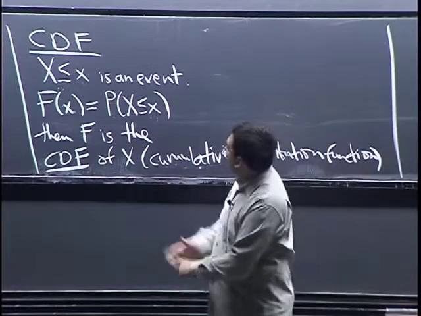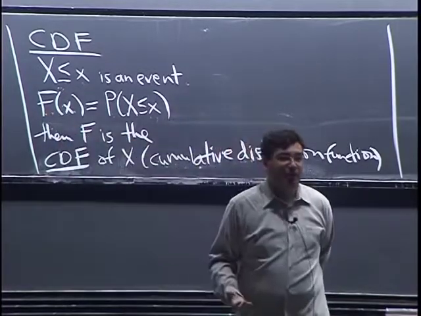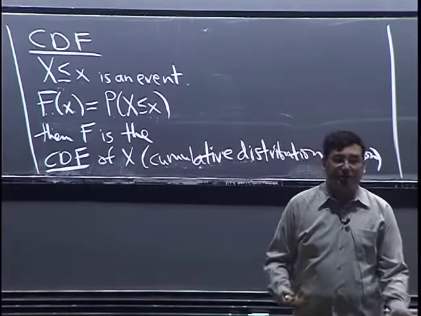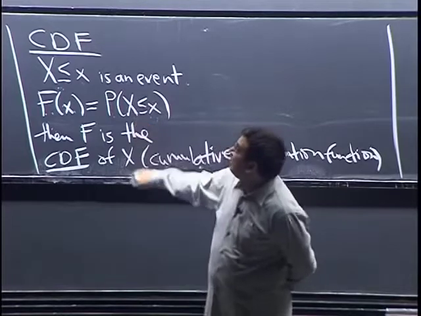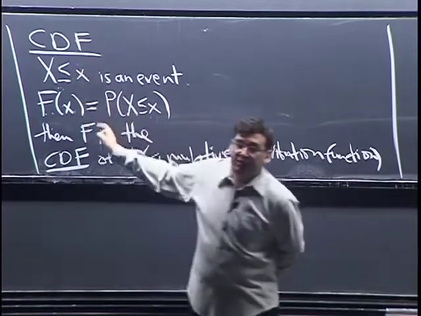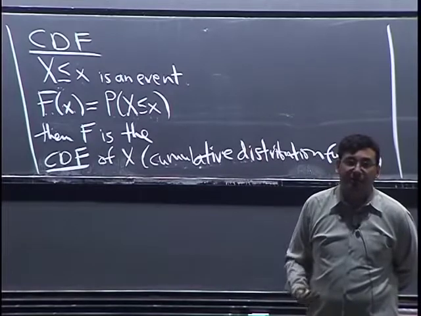But the idea is, as long as we know this function, capital F, we could answer questions like that. What's the probability that X does this? What's the probability that X does that? All of those questions could be answered in terms of this. So the CDF is a way to describe the distribution because it's telling us the probabilities of different possible values for X.